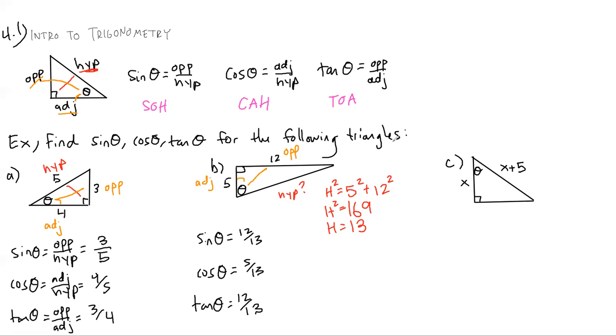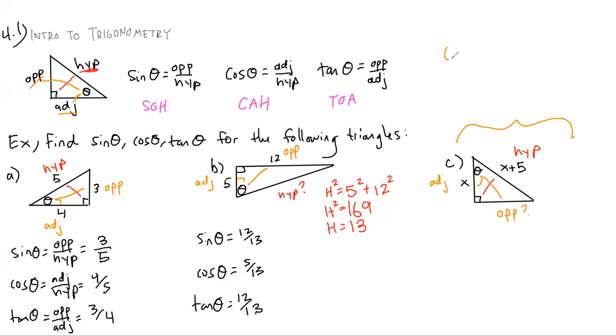All right, the last one, same deal. We are missing a quantity. I've got my hypotenuse and my adjacent, but I don't have my opposite, so we're going to figure that out. It's going to be a bit ugly because of these x's, but it's the same deal.